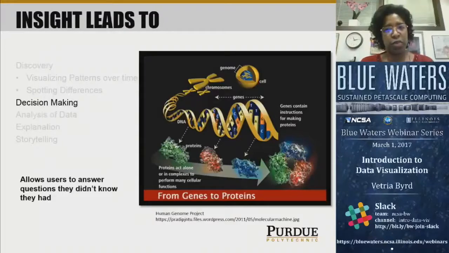And so what data visualization tools and techniques will enable us to do is to ask those hard questions, or to ask those questions that we don't even know we want to ask yet, but having the tools to facilitate the ability to get that information out of it that we're looking for is very, very helpful. And so having data visualization tools, insight, helps us to make decisions based on the information that we're able to get out of it.